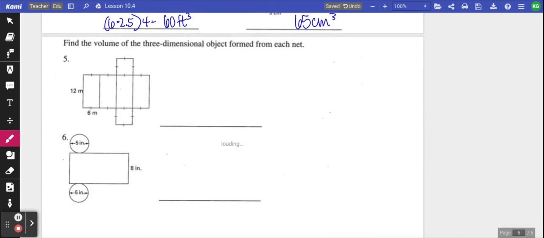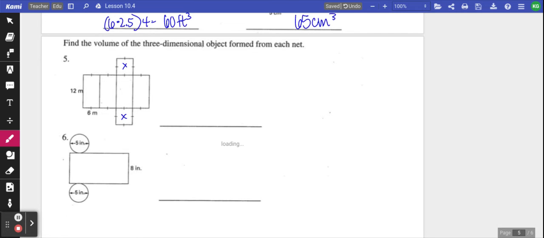This one says find the volume of the three-dimensional object formed from each net. So a net is a two-dimensional drawing of a solid figure. So looking at this, I'm looking for the base shape, and based on the fact that there are only 2 squares, I'm going to know that that is the base of this prism.